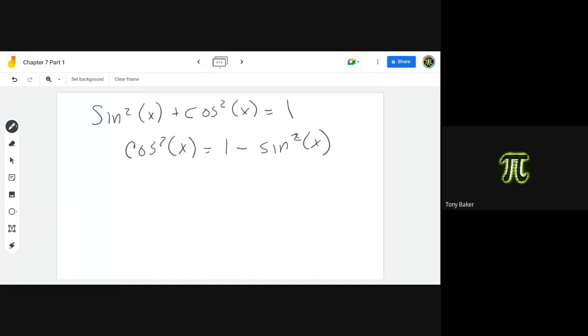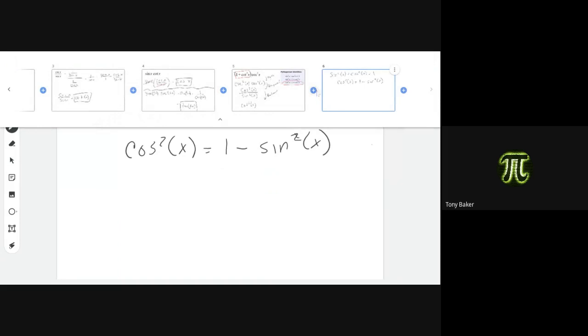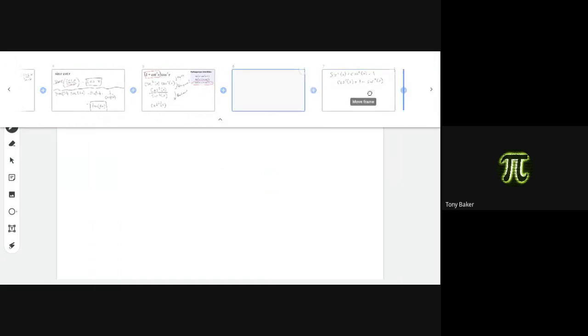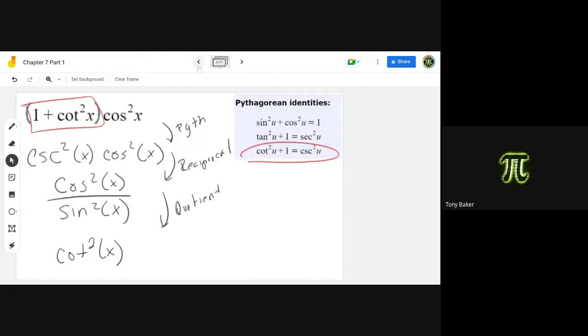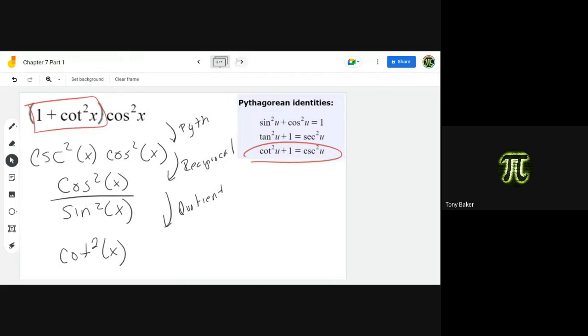All right, let's do another one of these. All right, try this one. Hold on, I'll pull my Pythagorean identities over so you can have them on the screen.